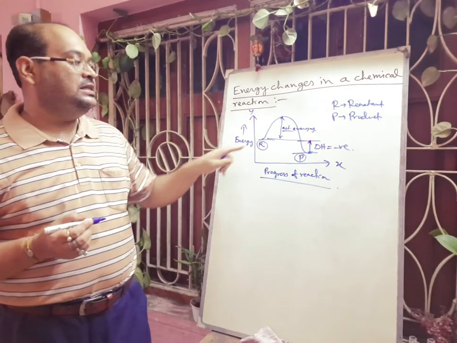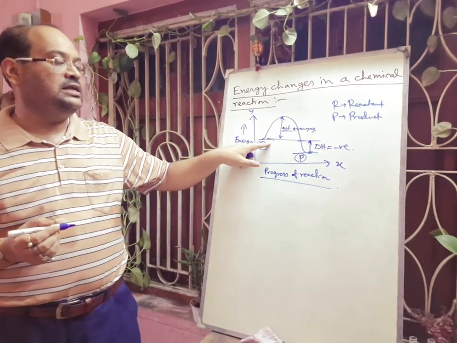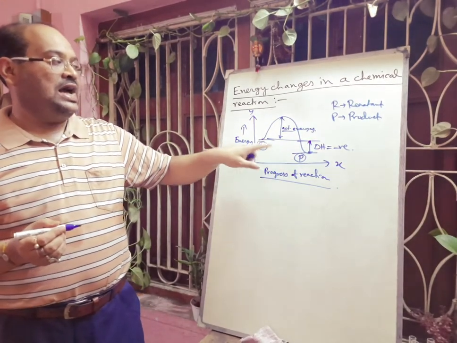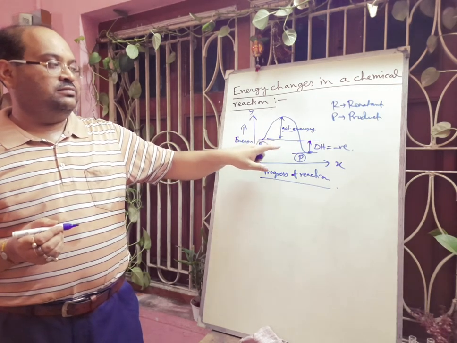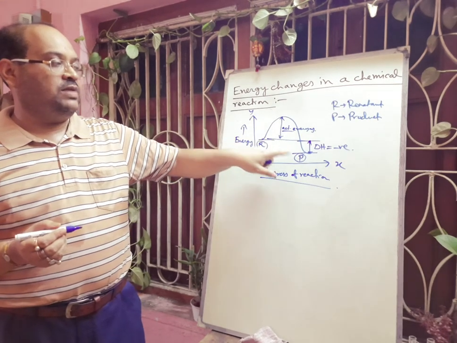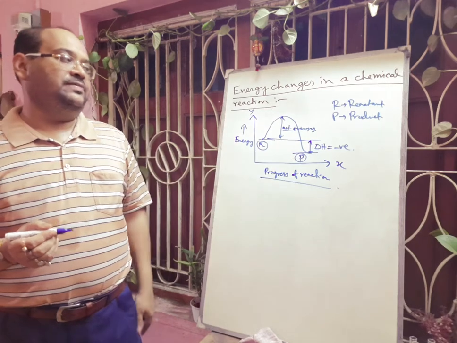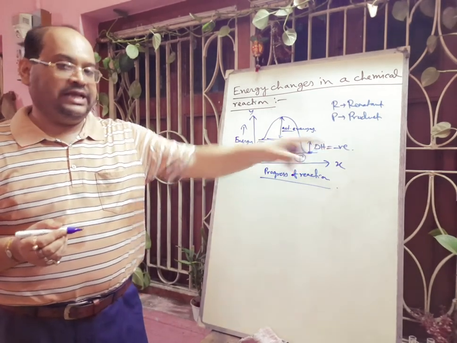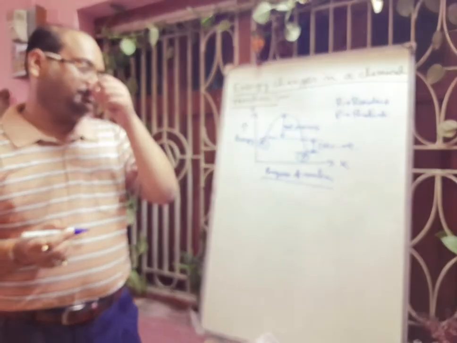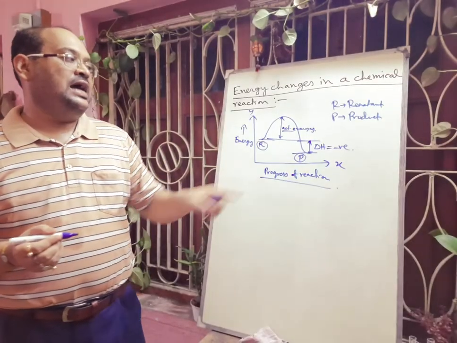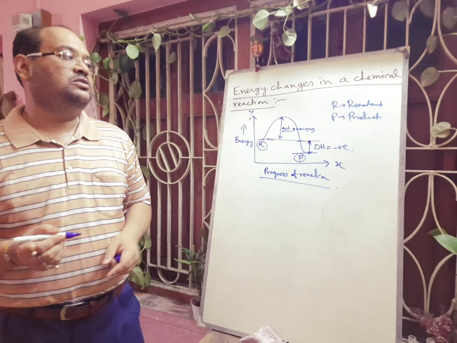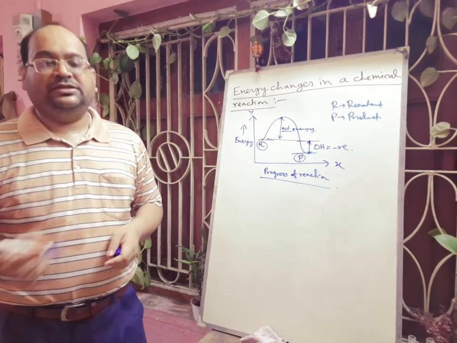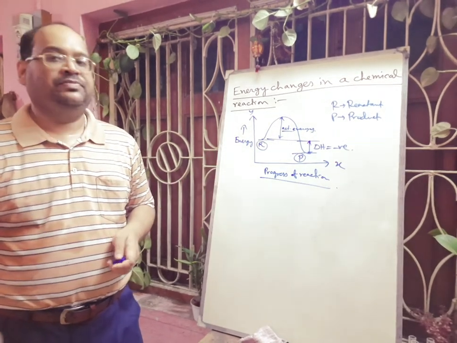So again I am telling, this is the energy level of the reactant and this is the product. As the reactant is converting to product, there is release of energy, definitely the delta H will be a negative value, and as delta H is a negative value, this is called an exothermic reaction.